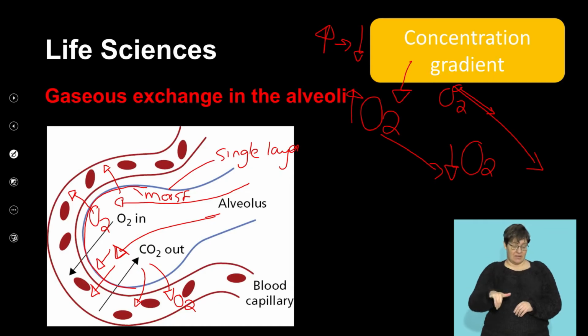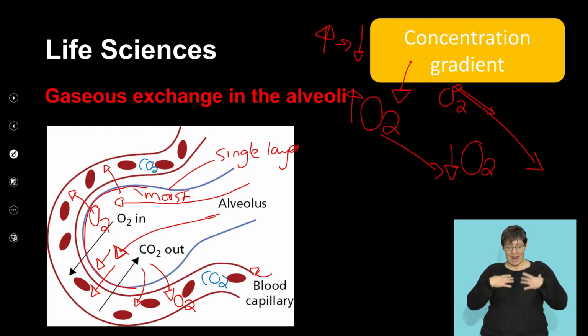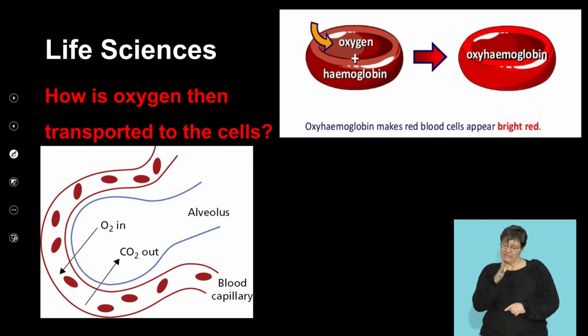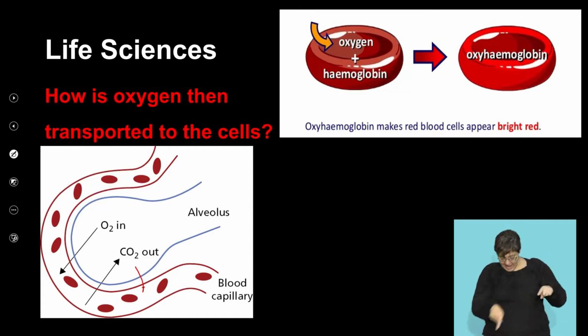Now, we're going to have carbon dioxide come into the capillary from the lungs, but I'm going to show you that just now. So now we have the oxygen that pops into here. So oxygen goes into my capillaries.